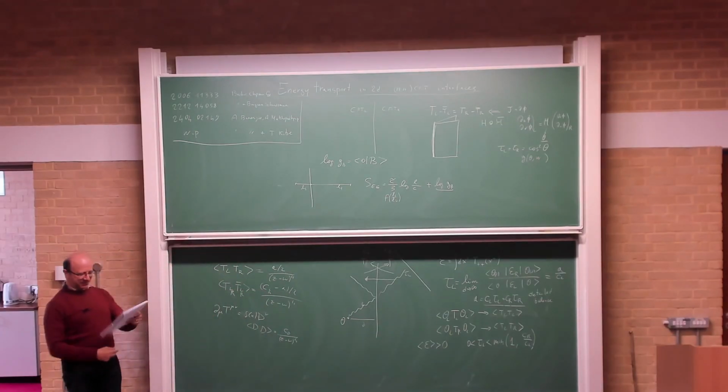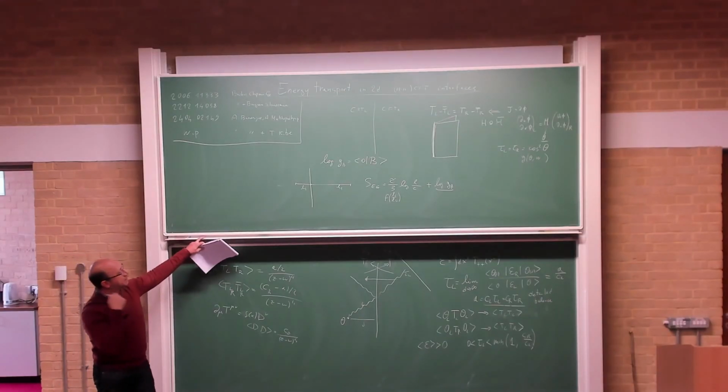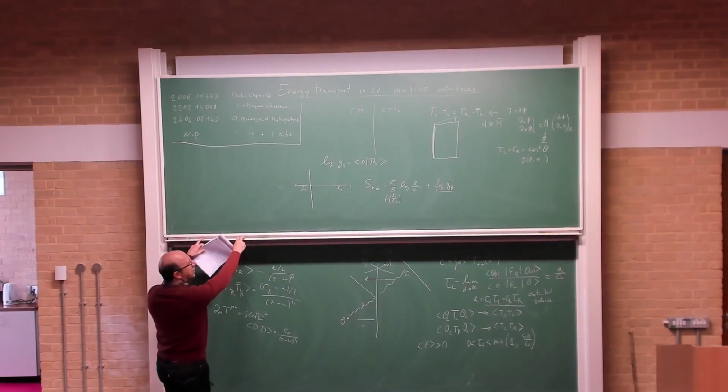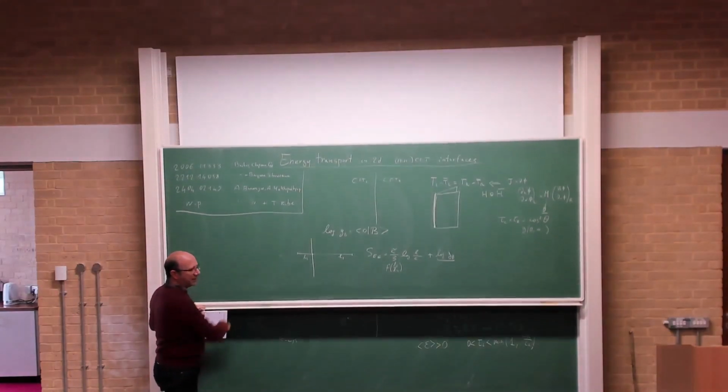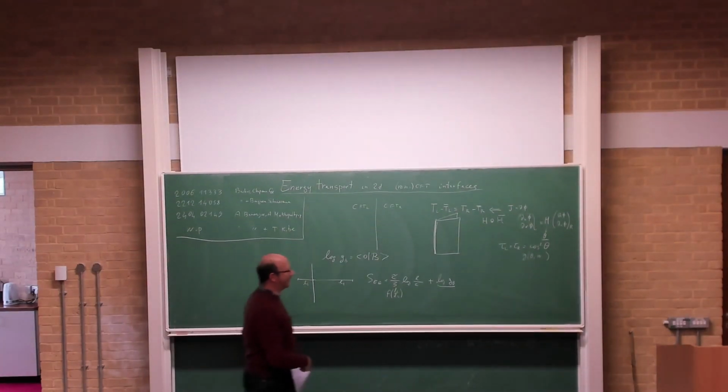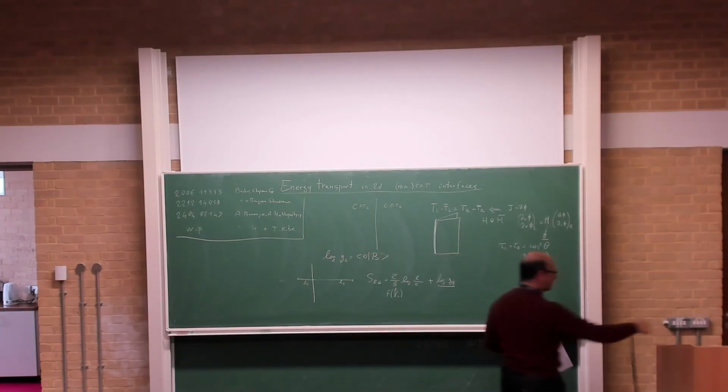I'm going a bit slow. Yeah, I want to go to the holographic setup where we use this minimal model, minimal not in the sense of CFTs, but a minimal holographic model.